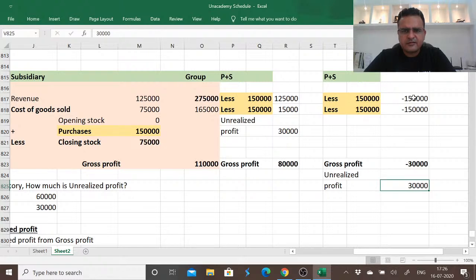So the impact is $275 minus 150, 165 minus 150.